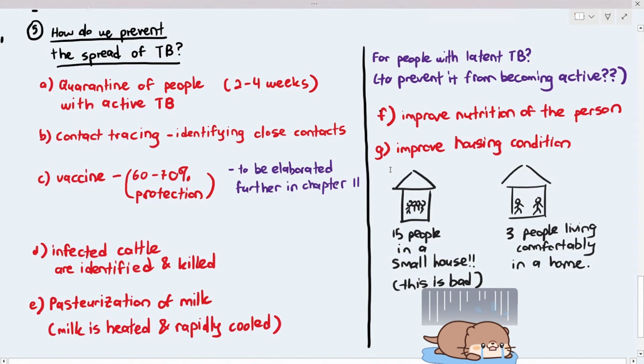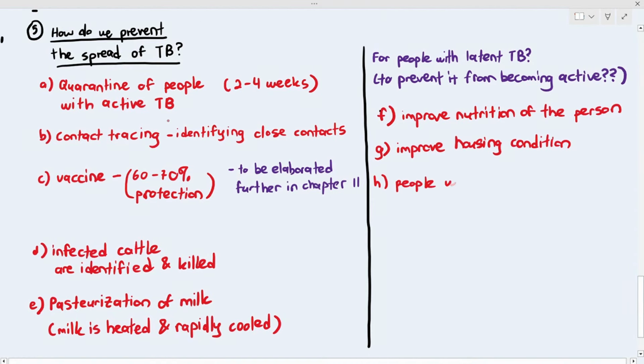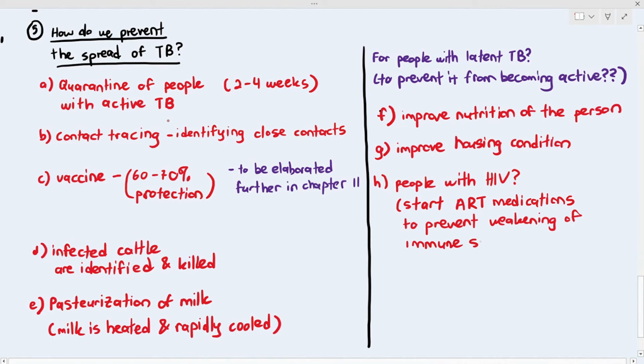But moving on, and of course, if people have HIV, we do not want their HIV to lead to AIDS, because remember, if their immune system becomes too weak, it may develop AIDS, correct? So it is imperative to start them on ART medications to prevent the weakening of the immune system.